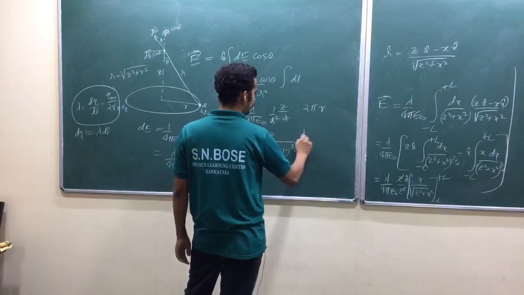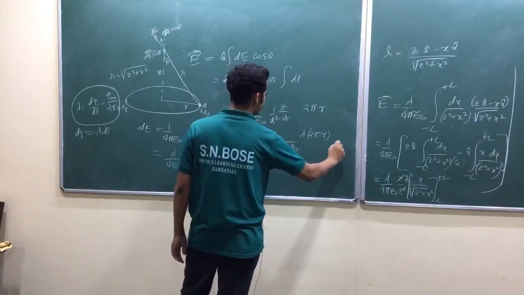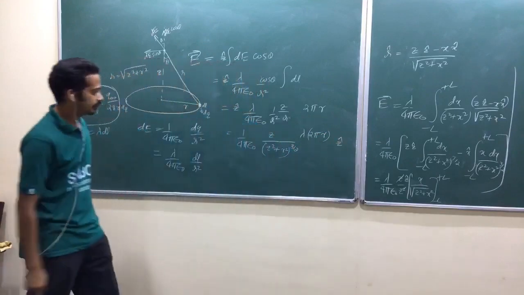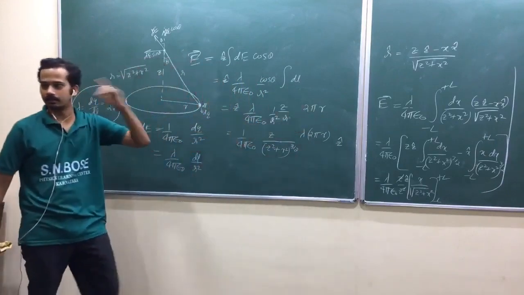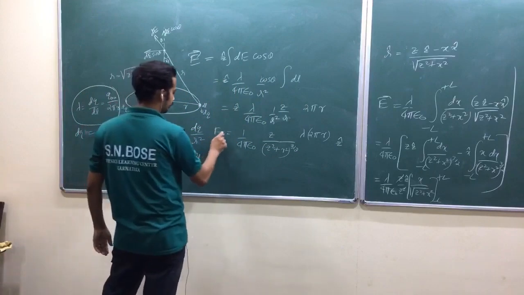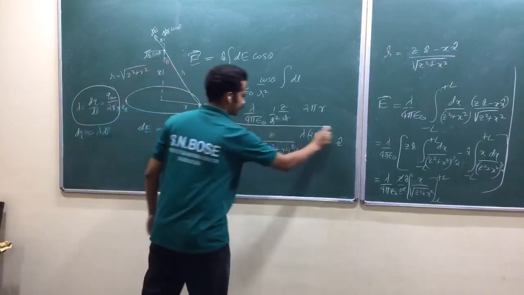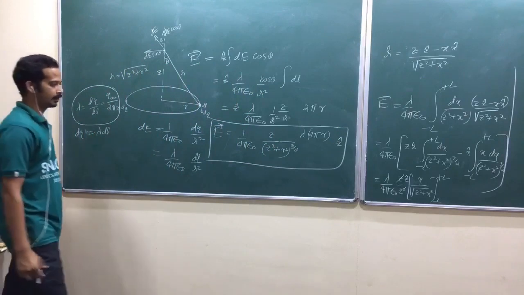Into lambda into 2 pi r. Let me keep this one side. Why? I hope you got the idea. If I put z large, lambda into 2 pi r is your total charge. You can have that approximation. Am I right? It's your net electric field. Okay.